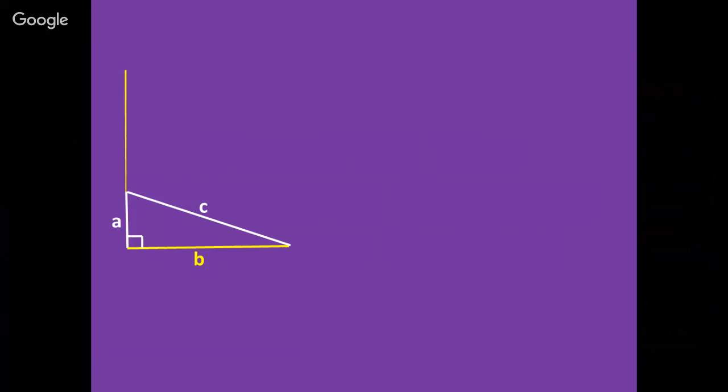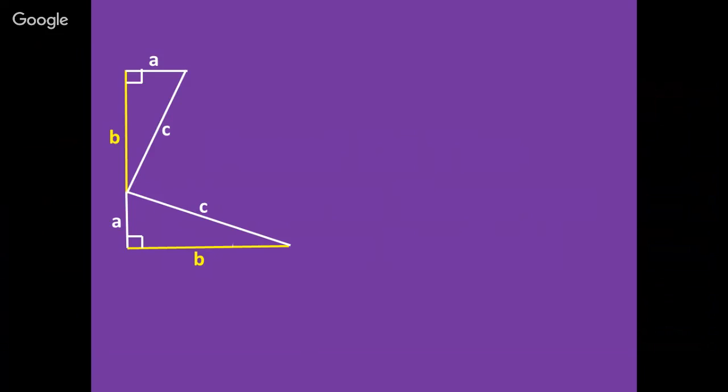He then flipped and rotated this right triangle to construct another one that is congruent to the first one. So these two right triangles are congruent.